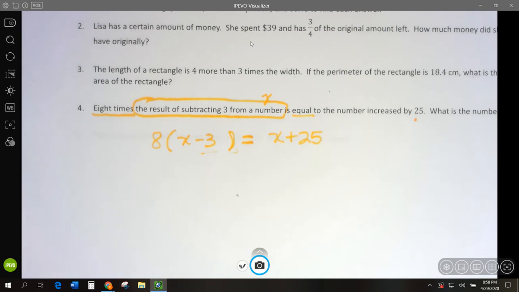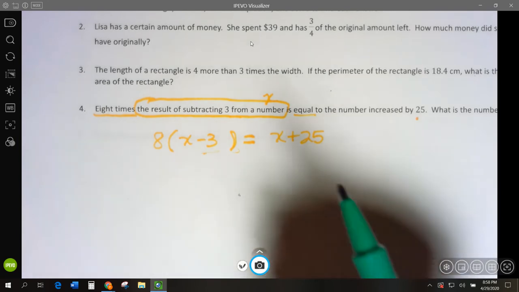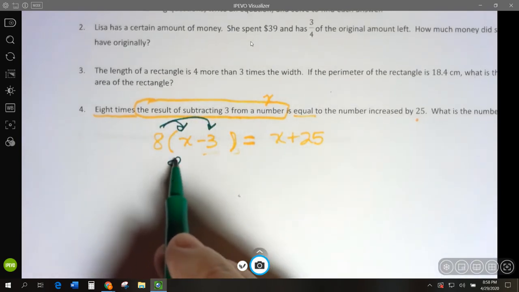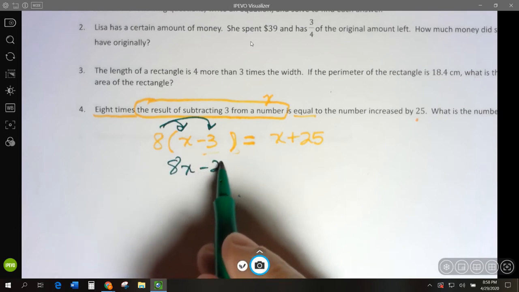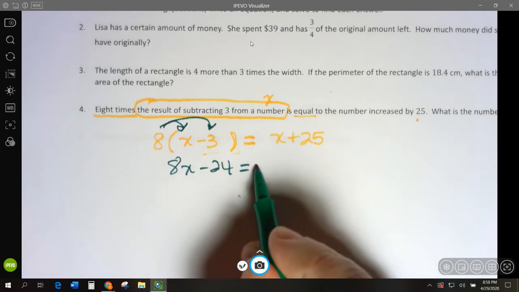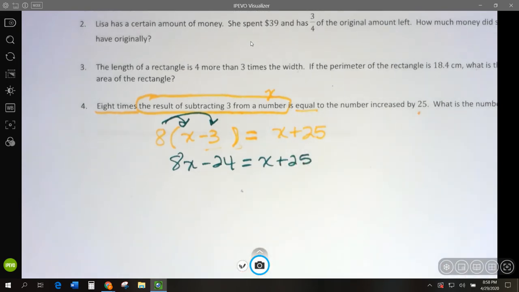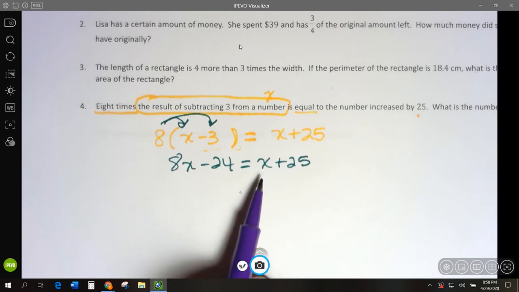Now let's solve it. A distributive property, right? 8x minus 24 equals x plus 25. Variables both sides, so let's get rid of the variable with the smallest coefficient, which would be 1x.